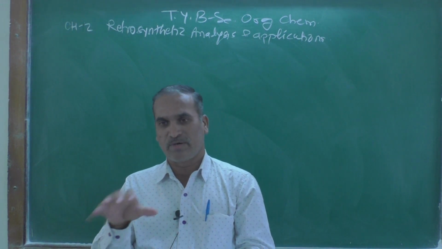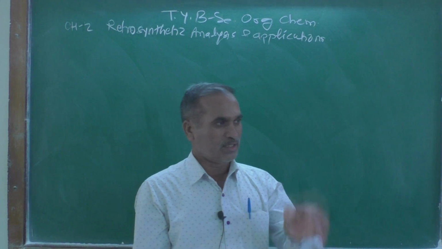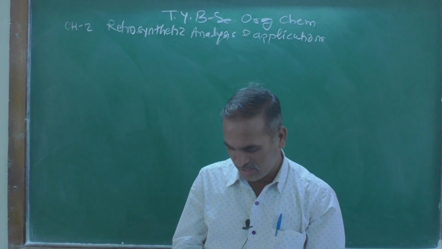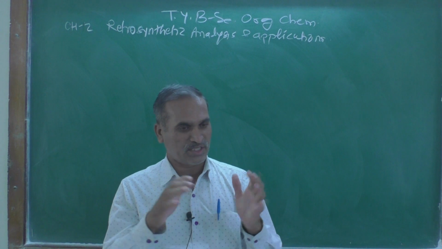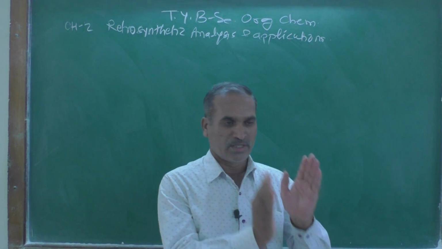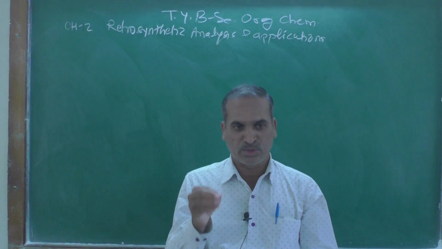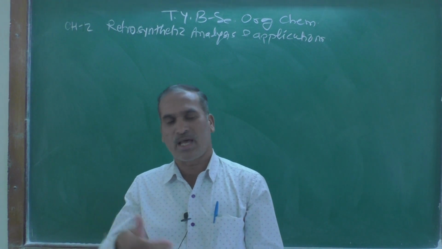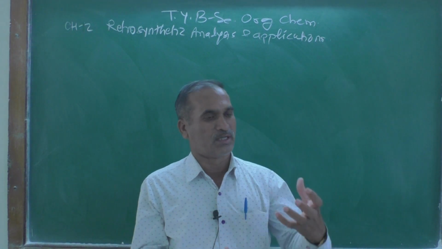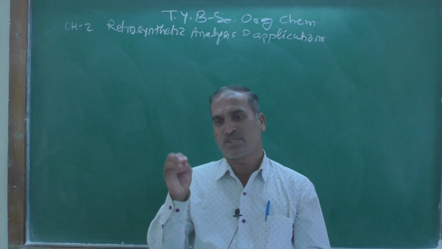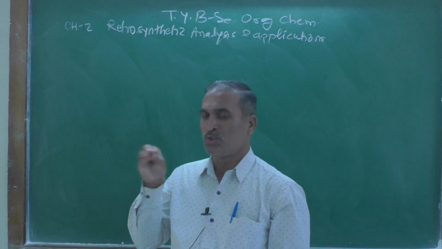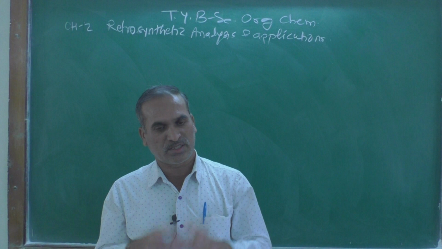I think we were discussing retrosynthetic analysis, and in retrosynthetic analysis we have discussed all the introductory part, as well as how it is important and why the university introduced this new topic at T.Y.B.Sc level.